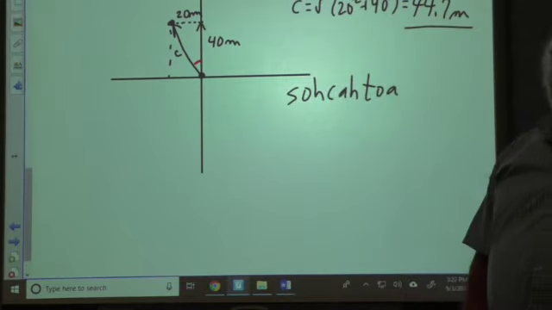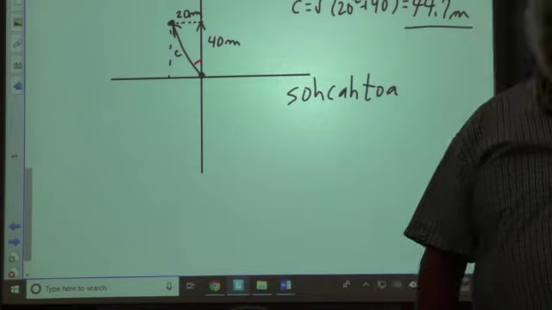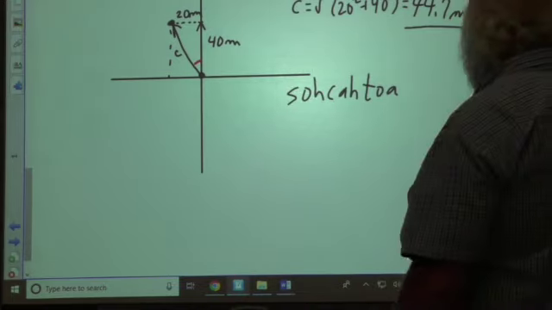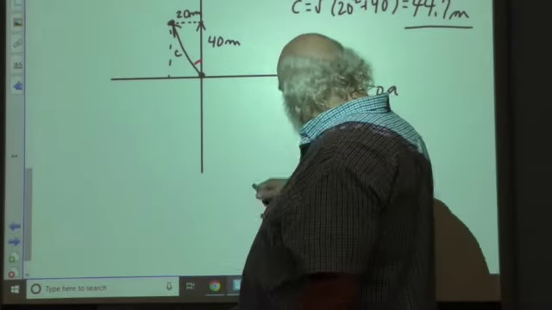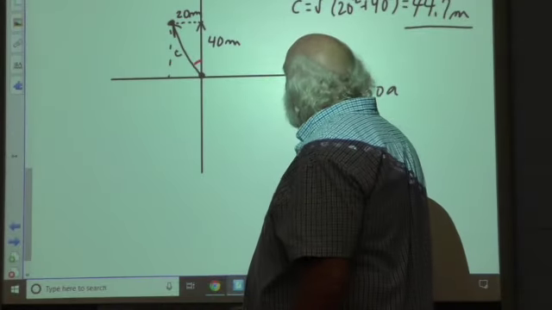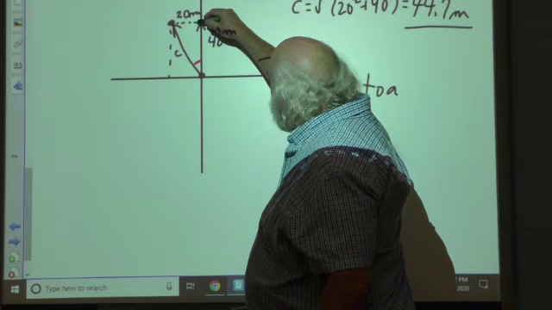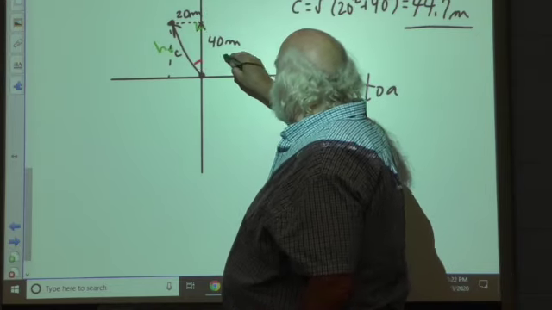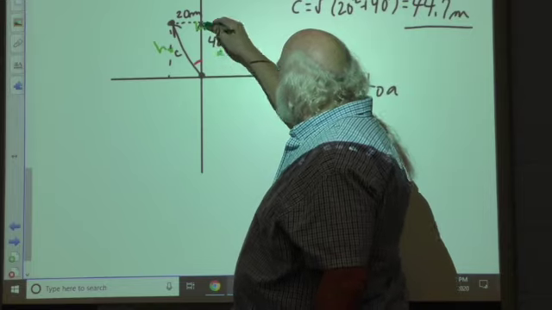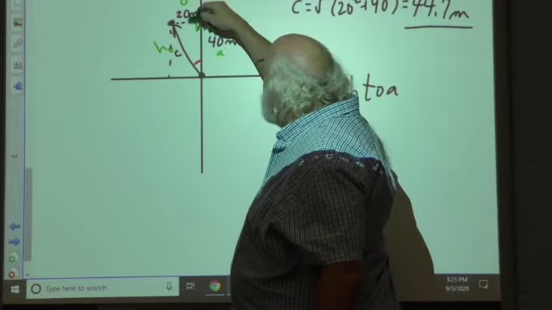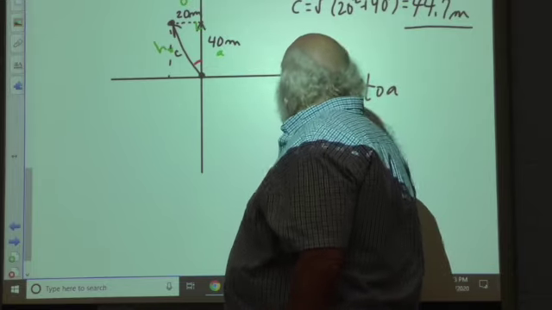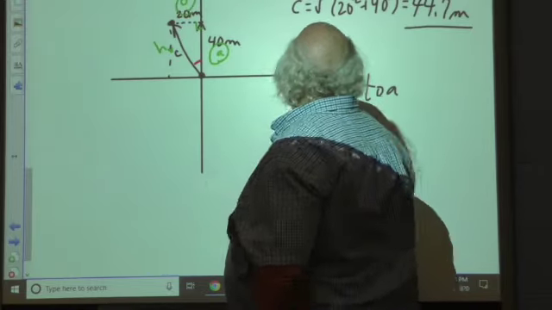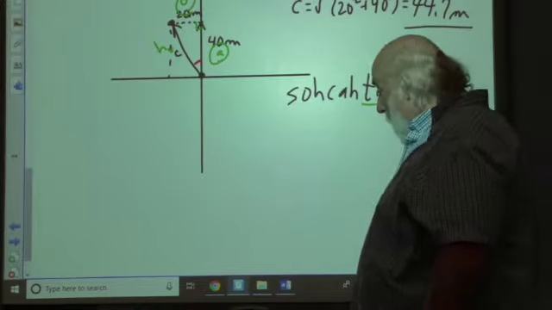Sine, opposite, hypotenuse, cosine, adjacent, hypotenuse, and tangent, opposite over adjacent. So in this triangle right here, this right triangle, here's the right angle right there. That's your hypotenuse, the C. So that means that this is the adjacent to the angle, and that is opposite to the angle. So the only one that uses both adjacent and opposite is TOA.